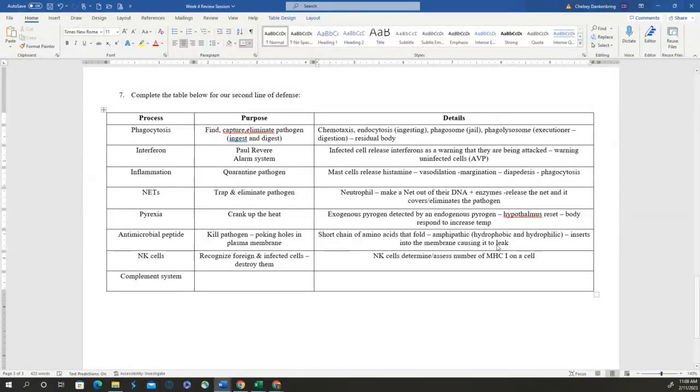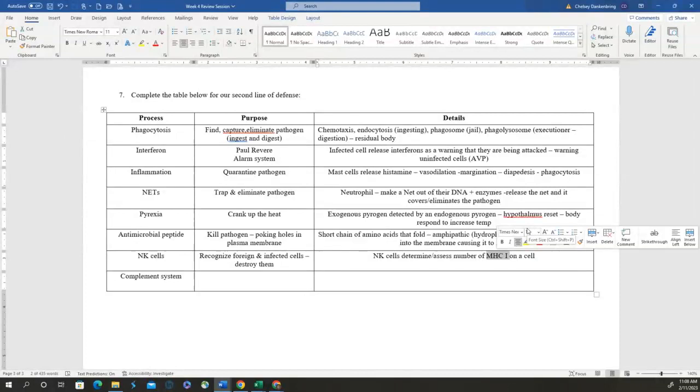So real quick, remember MHC1 is found on all of our cells. So if the cell belongs to us, it should be in the body, it's going to have MHC1 on them. So think of the natural killer cells as kind of like checking to make sure you belong.